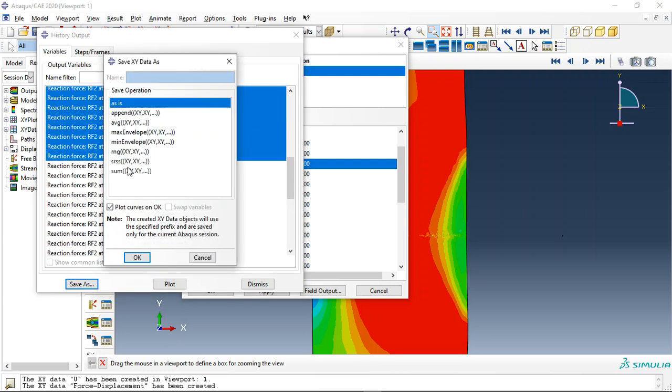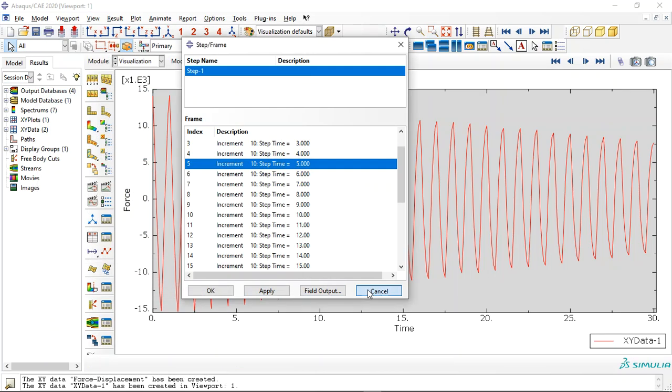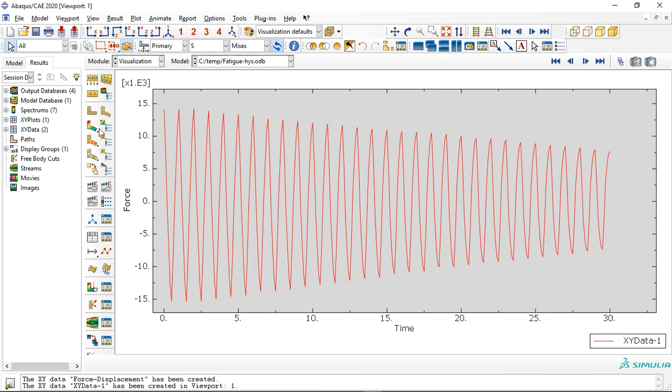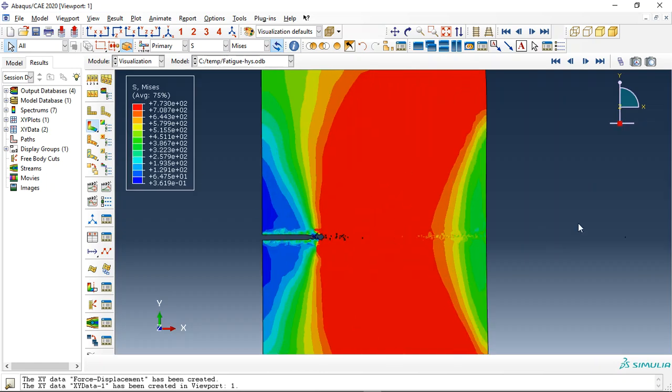You can request, for instance, some plot. See, this is the force, and you can also draw the displacement for a point at the top and end of the model to draw the force displacement or hysteresis diagram, no problem. But here, consider this, we use the hysteresis energy model to consider the fatigue in the steel part here.